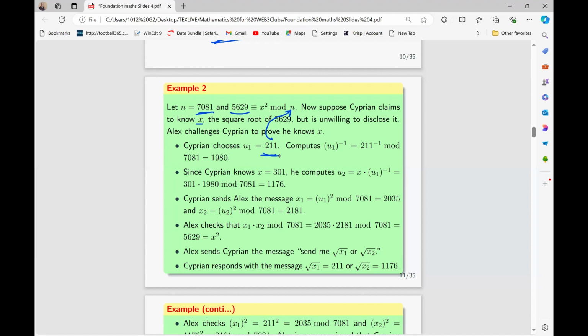After choosing that 3, you get its inverse, using Euclid's algorithm and the extended Euclid's algorithm.